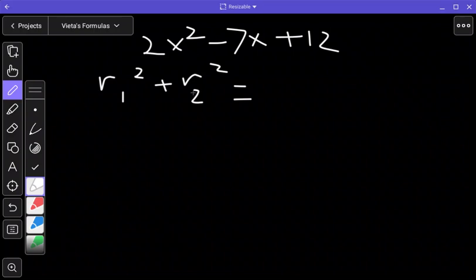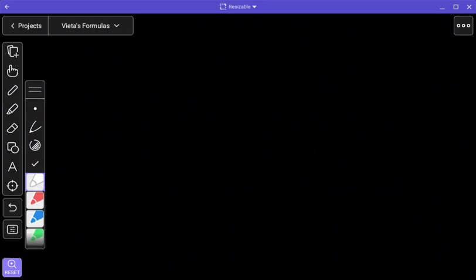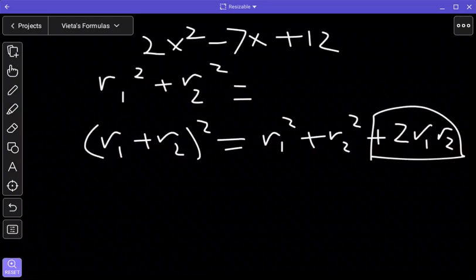But we know what r1 plus r2 squared is. So let's take a look at what happens when we square r1 plus r2. This is just equal to r1 squared plus r2 squared, which is what we want, but it also has an extra 2 times r1 times r2. So if we subtract this from both sides, we would have our desired expression, r1 squared plus r2 squared.